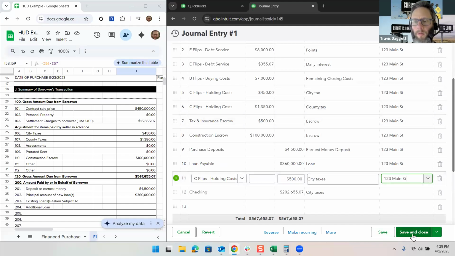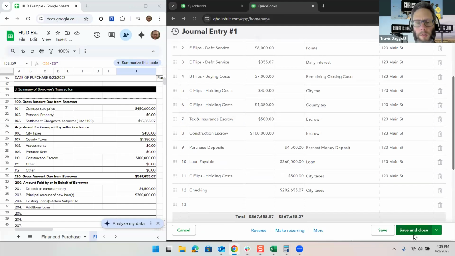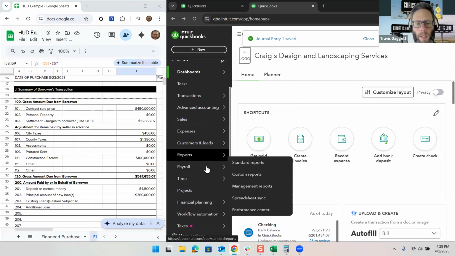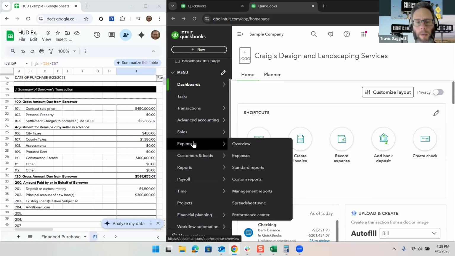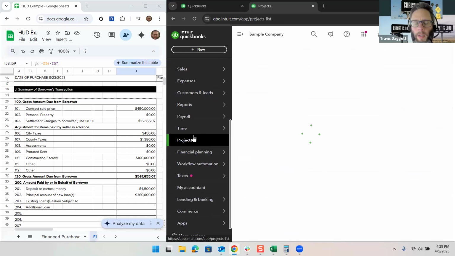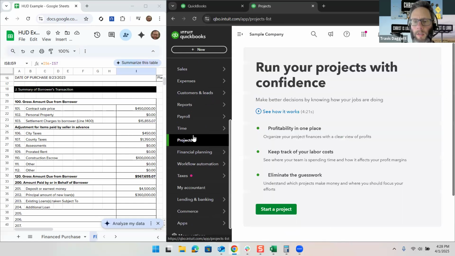Okay, now let's save and close. If we were using the projects feature, that would show up there, but I haven't set anything up in here yet.